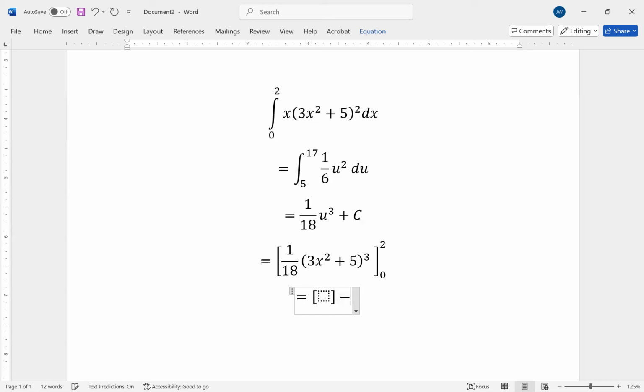So plugged in the x value of 2 and then plugged in the x value of 0. When I plug in the x value of 2, I get 1 over 18 times 3 times 2 squared, that's 12, plus 5, that's 17, to the third. So 1 over 18 times 17 raised to the third power.